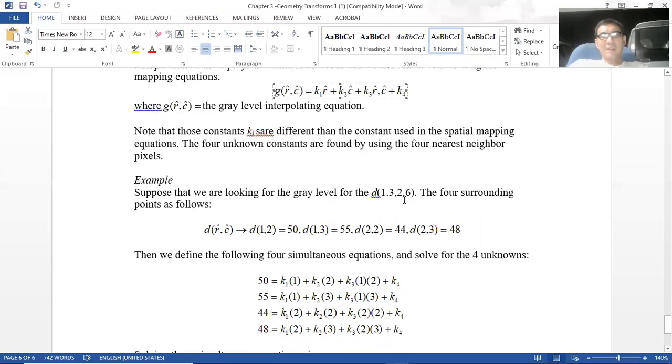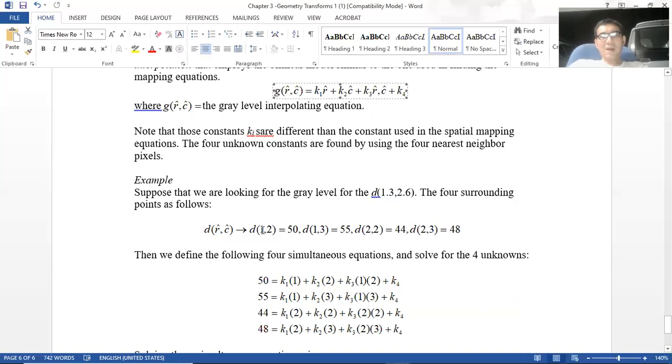And you can actually solve that by establishing the simultaneous equation. So suppose you want to look for this gray level at 1.3, 2.6. And the 4 surrounding points are here: the top left, top right, bottom left, bottom right. So then you can establish the simultaneous equation.